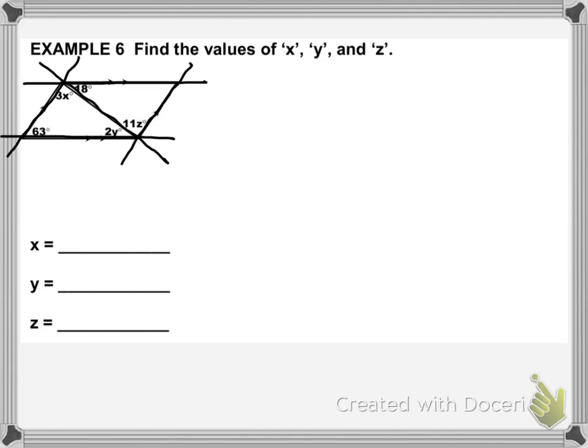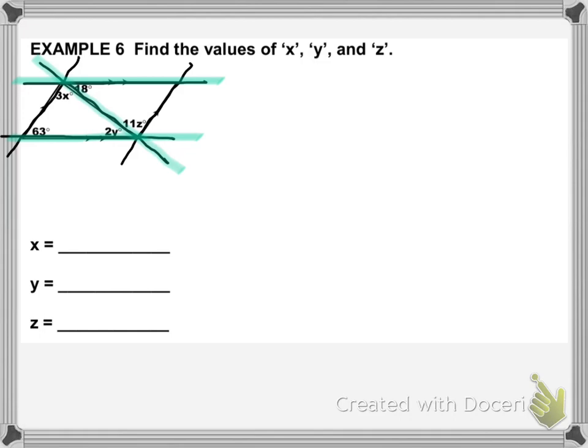The first thing we might want to start with is to look for something that you know. So I'm going to start with this transversal right here, and these two parallel lines.